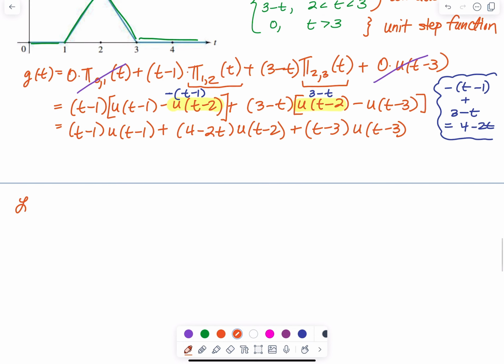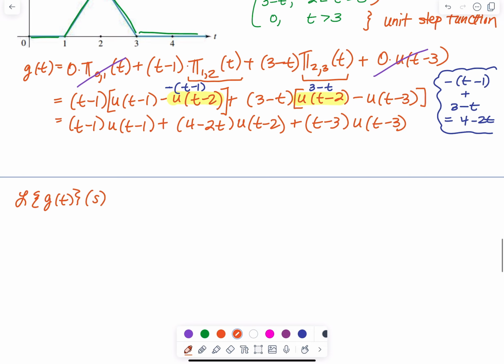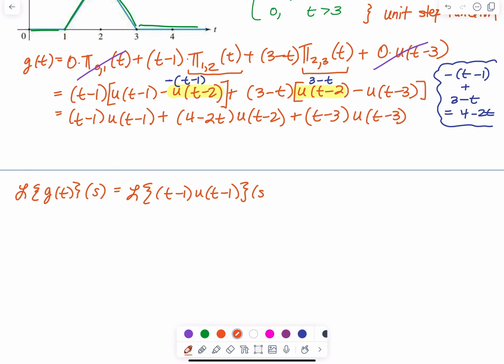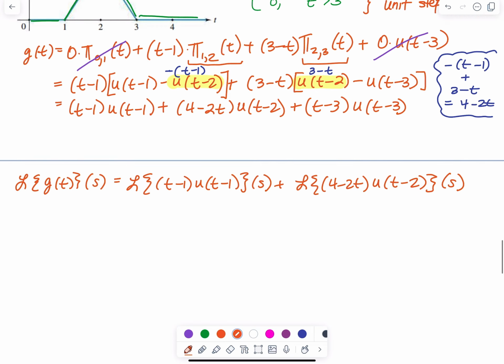So our Laplace transform of g of t of s is equal to the Laplace transform of t minus 1 multiplied by u of t minus 1, all of s, plus the Laplace transform of 4 minus 2t multiplied by u of t minus 2, all of s, plus the Laplace transform of t minus 3 multiplied by u of t minus 3 of s.